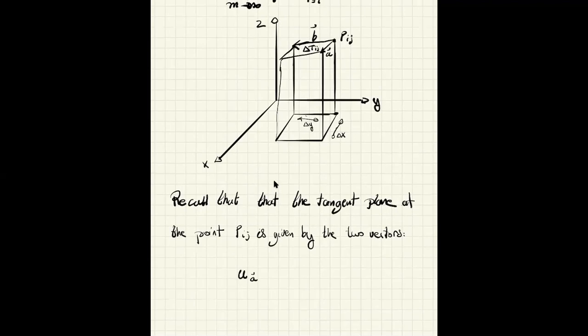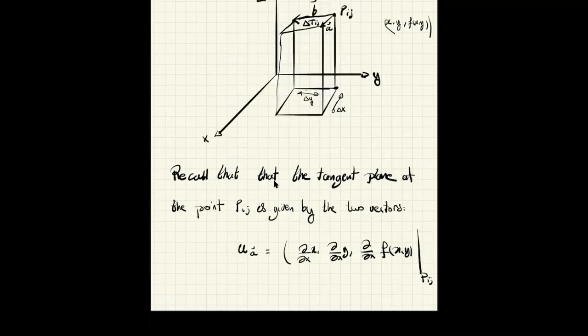right? Now you will understand why I call it UA and not A. This is X, Y, F, X, Y, right? So when you fix Y, it gives you a curve. So we want to take the directional derivative, which is d/dx, at the point Pij.